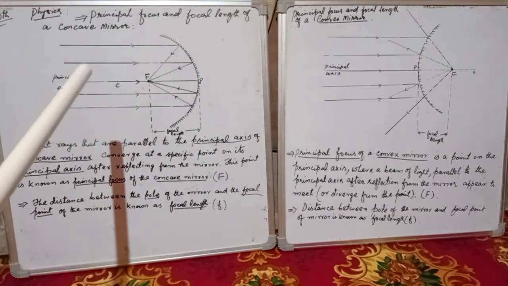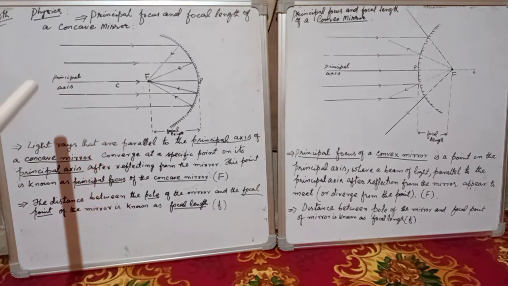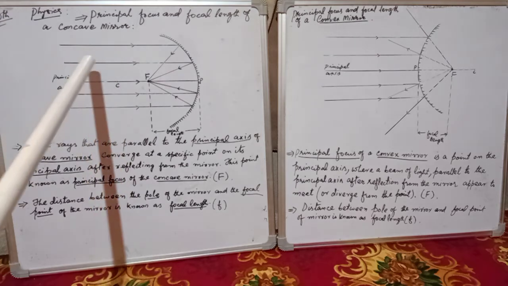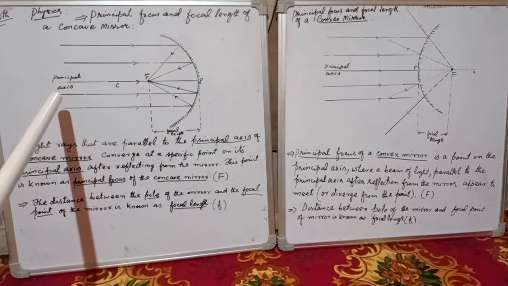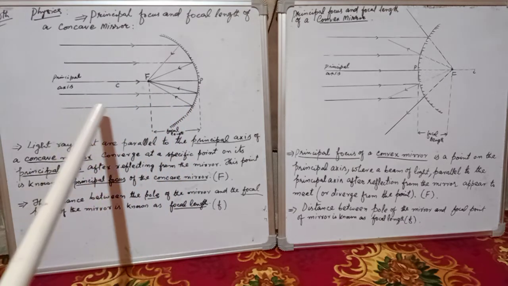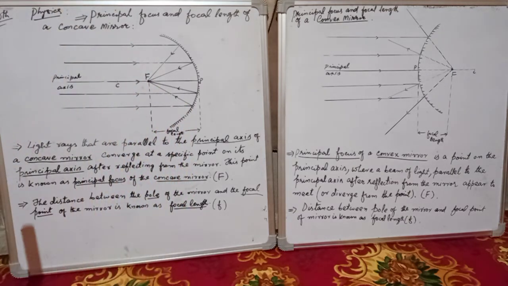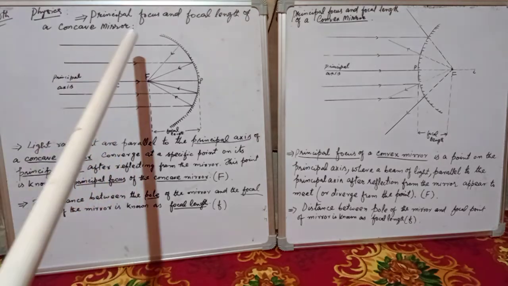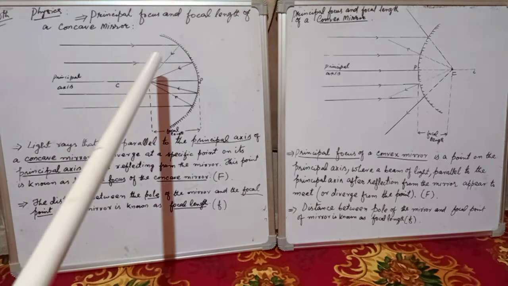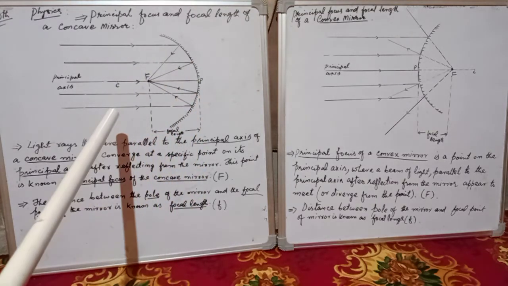Now dear students, look at the diagram very carefully. Here this is a ray of light, and this is another ray of light. Similarly, from the bottom side of the principal axis, this is a ray of light and this is a ray of light. When these rays of light strike this concave mirror, what happens?